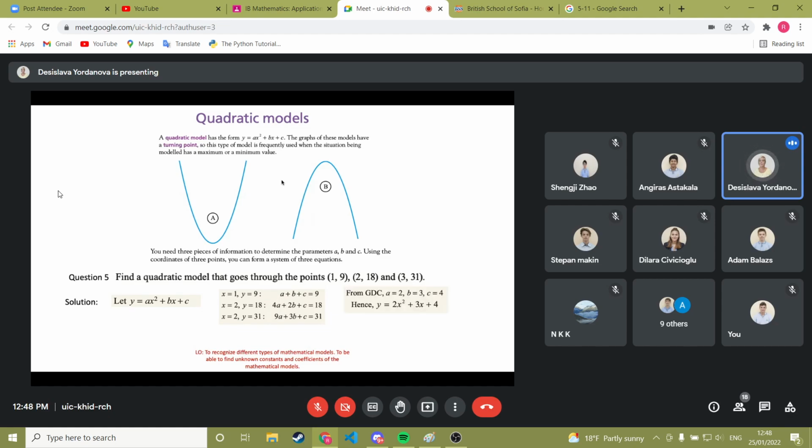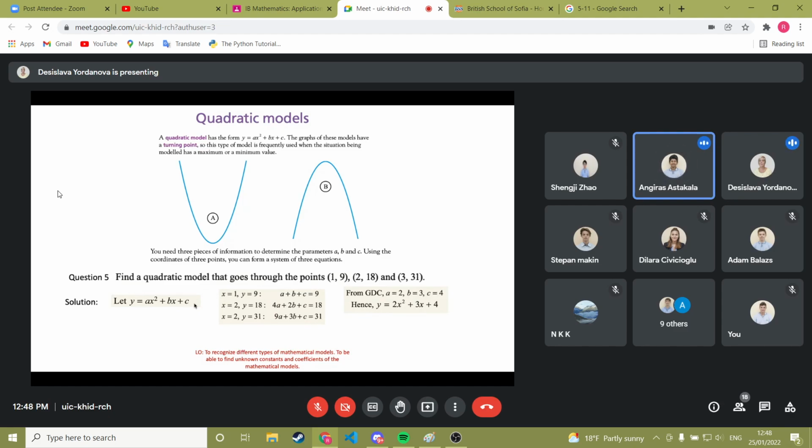The GDC will tell you that a equals 2, b equals 3, c equals 4. Hence, the quadratic model is 2x squared plus 3x plus 4, because we substitute a by 2, b by 3, and c by 4. Just one question: is it possible that we get multiple values of a, b, and c?